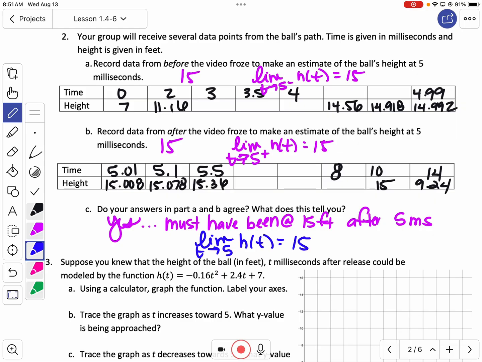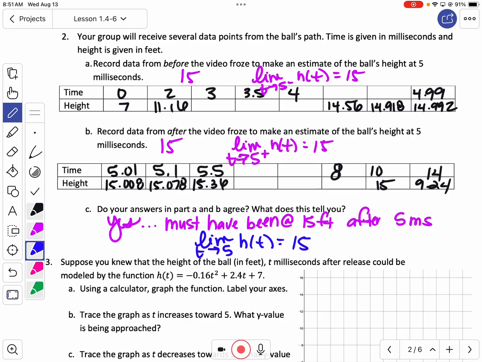Okay, so we're using that whole concept of a limit, looking at a table. So as x gets closer, or t gets closer to 5 from the left, our y values or our height values get closer to 15. Okay, as t gets closer to 5 from the right, so that's what the bottom table is, so we're coming into 5, the height's getting closer to 15. So that's that whole limiting concept.